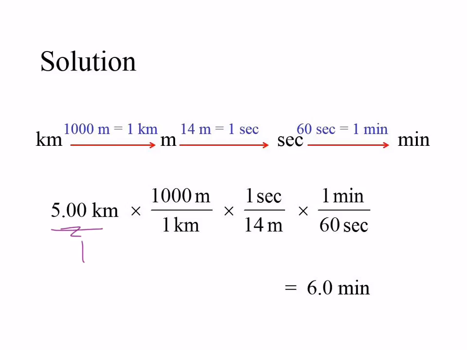Then when you type it into the calculator, it's just 5.00 times. And my ones I usually don't include, because it's just 1. And then in the bottom, what do I have? 14 and 60? Okay. And then you divide both.